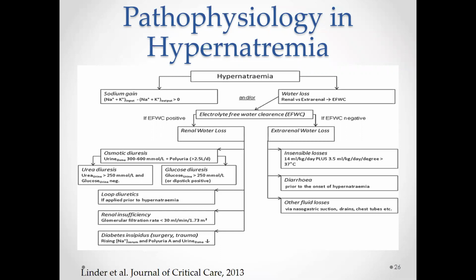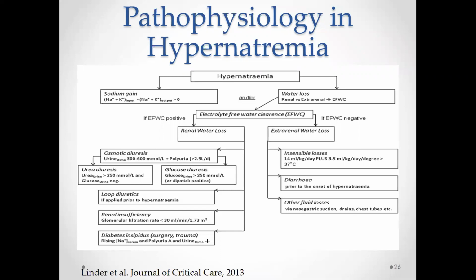And it ends there. It's not the major cause of hypernatremia. It is the water loss that we usually focus on. And the water loss could be from not taking enough in, or from losing from the kidney, or losing from not the kidney.